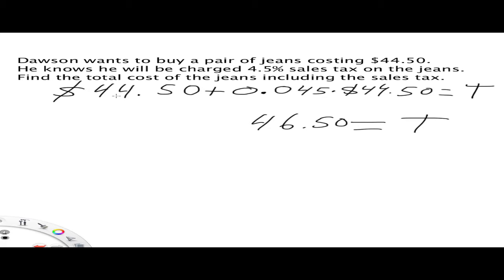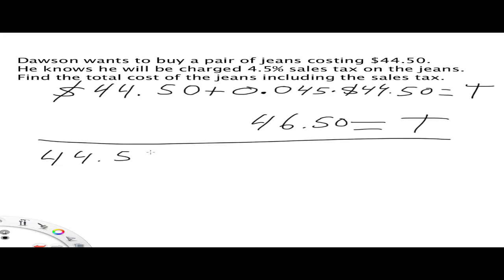What I could have done if I was smart was add these together, because I have this 0.045 times 44.5 and 1 times 44.5. So let's see, I'm going to take out the 44.50 in parentheses, and that's 1 plus 0.045.